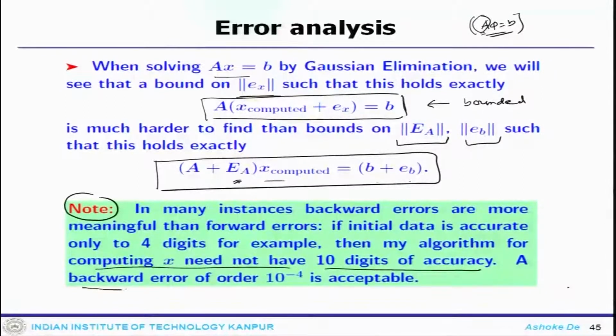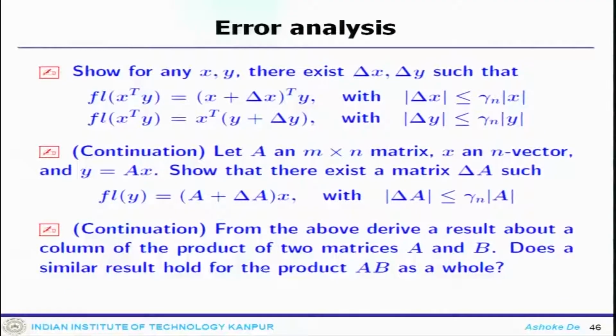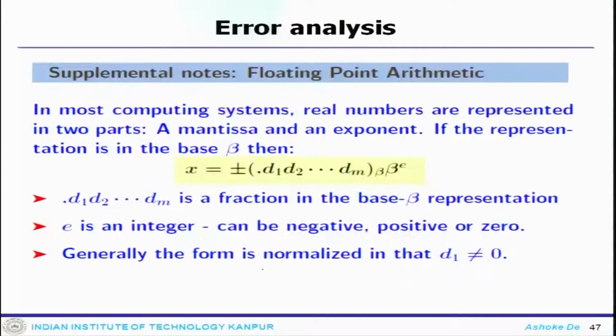A backward error of order 10 to the power minus 4 could be acceptable. So, this is a very important note one needs to keep in mind. Now, these are something which one can show.